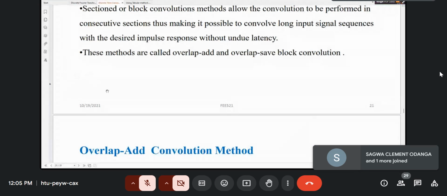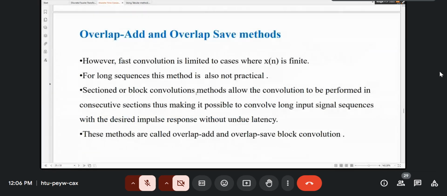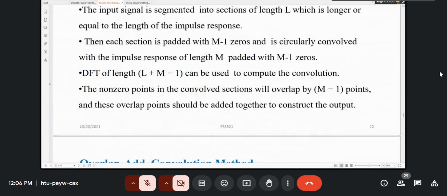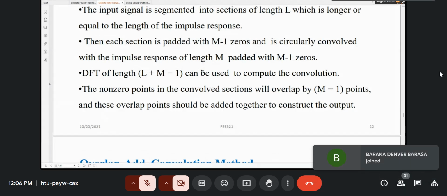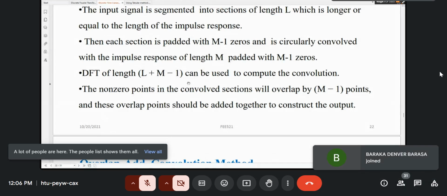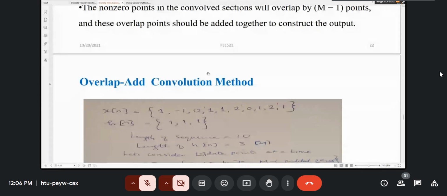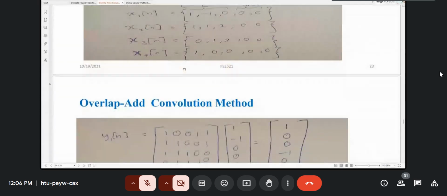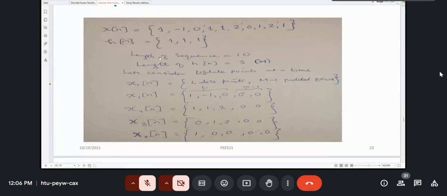And last time we looked at the overlap add method. I hope everybody is okay with what we did or has no questions about what we did. I think we managed to get the final sequence.